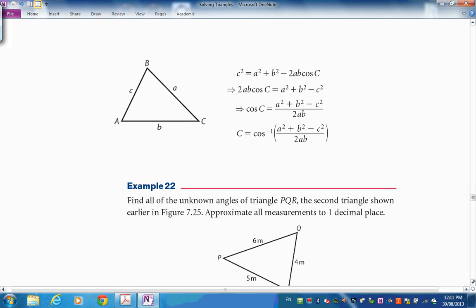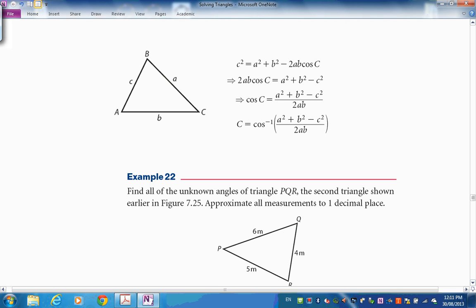Let's look at another idea here. Obviously, if we're given three sides, we can put them in here and we'll just have cos C left. In the information booklet, they do actually provide this rearrangement. Let's put this term over on the other side, and then bring the c squared across.